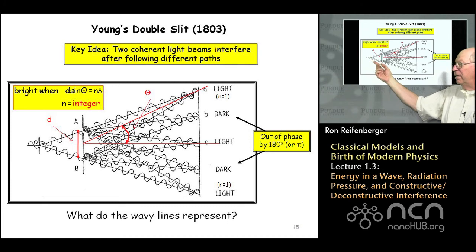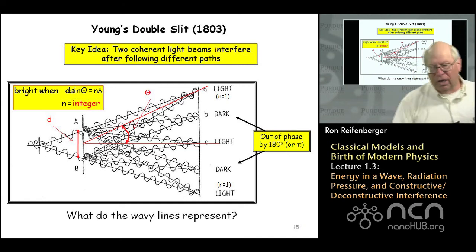He illuminated these two slits with light, and what he observed on a distant screen was a sequence of bright and dark spots, which could be observed if you look very carefully at the intensity of the light that struck the screen.